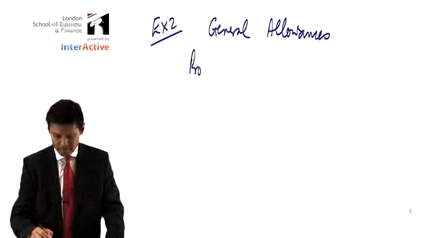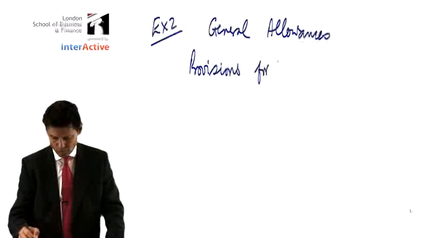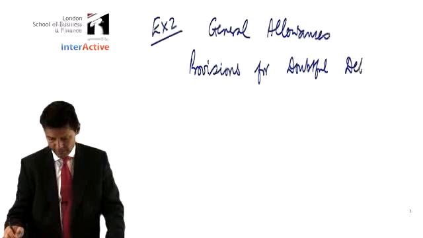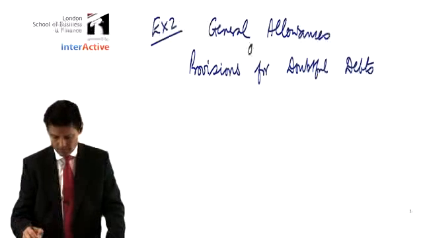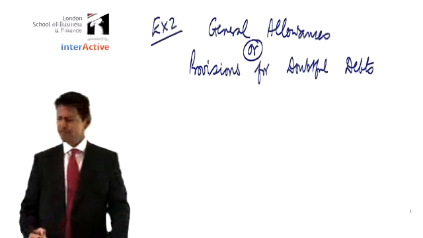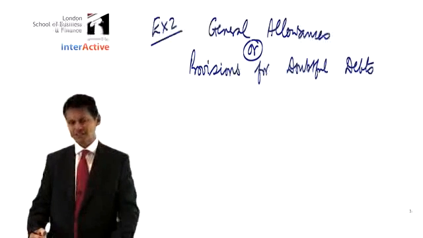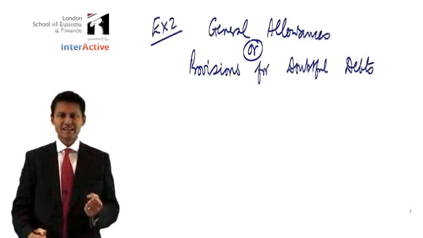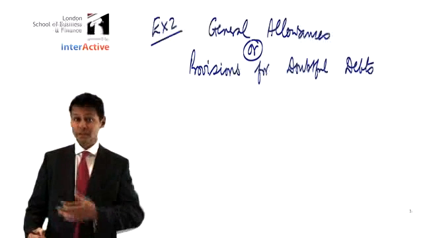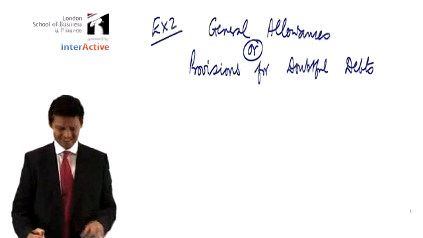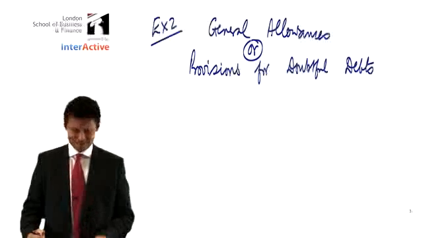Also known as provisions for doubtful debts. One or the other will be used. Very likely to be examined because it's very practical. It has tremendous usefulness in real life accounting. So expect it.